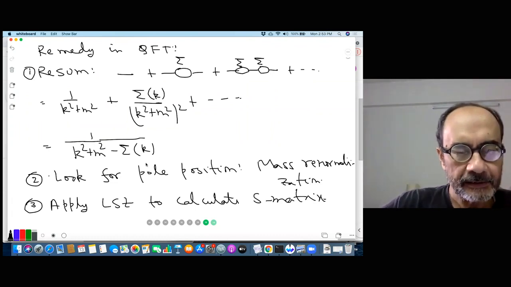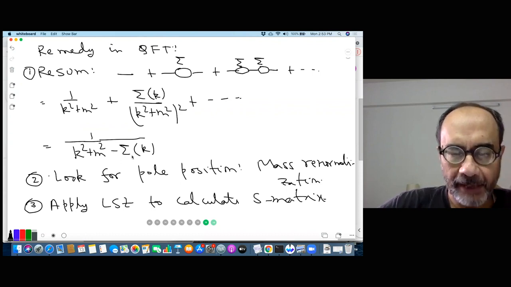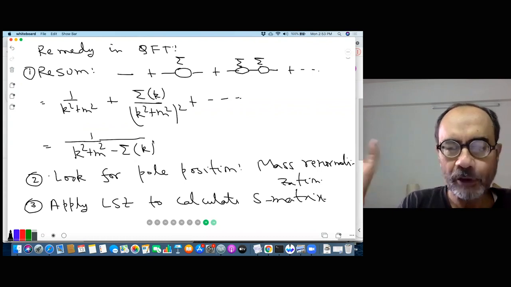Other questions? The main advantage in string theory, of course, will be that this sigma of k, which in quantum field theory is ultraviolet divergent, will not be ultraviolet divergent. It will be perfectly finite because it will get contribution from an integration region that doesn't involve degeneration, because all degenerations will be separated out into the propagators.